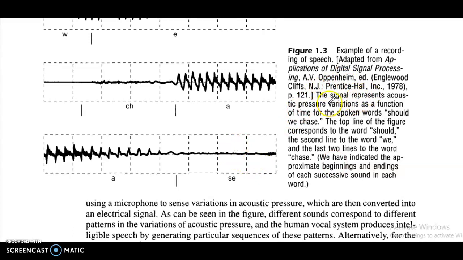The signal represents acoustic pressure variations as a function of time for the spoken words "should we chase." The top line of the figure corresponds to the word "should," the second line to the word "we," and the last two lines to the word "chase." We have indicated the approximate beginnings and endings of each successive sound in each word.